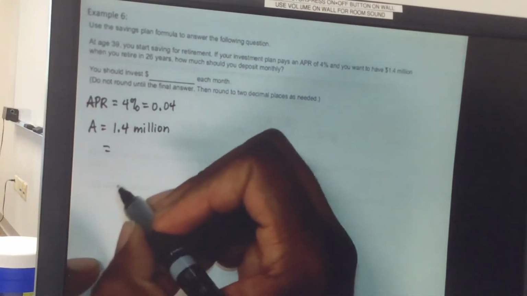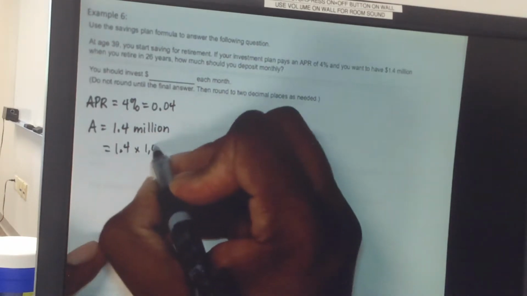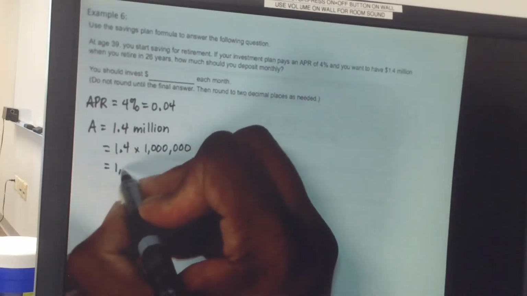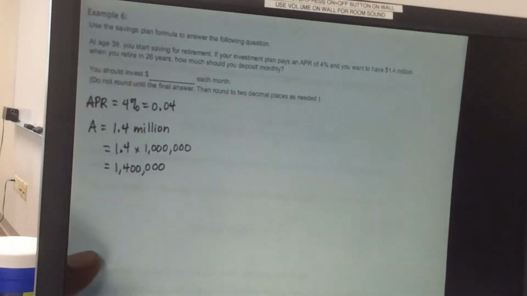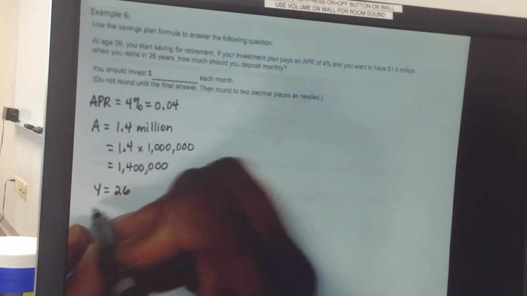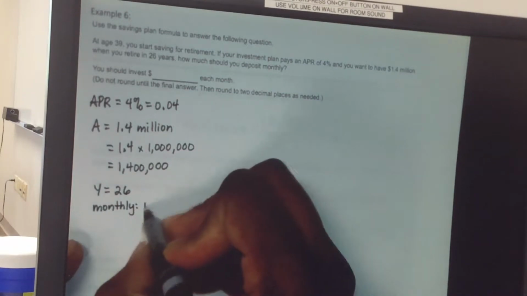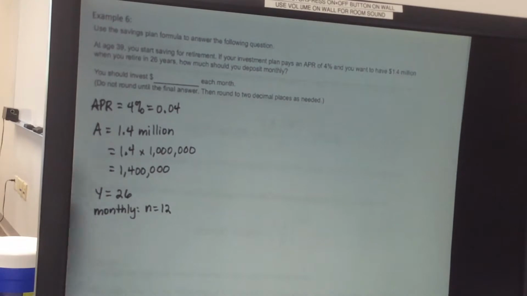Now, if I was to write that as a regular number, 1.4 times 1 million would be $1,400,000. And we want to retire in 26 years, so Y is going to be 26. And we're doing this on a monthly basis as indicated here. So N is going to be 12, because we want to know how much we should deposit monthly.